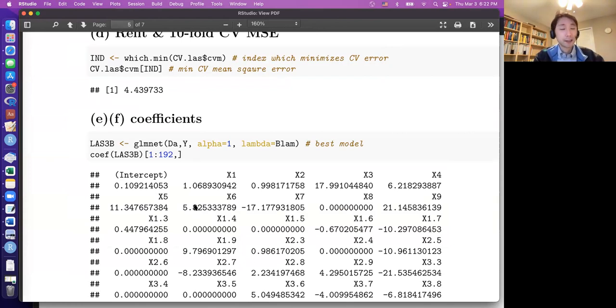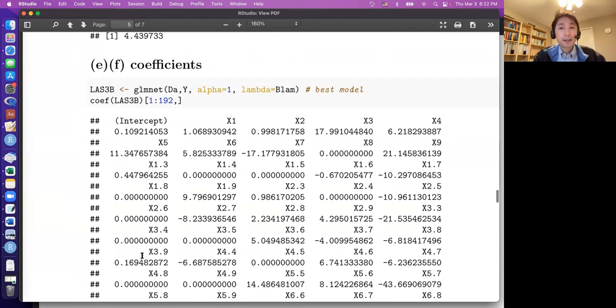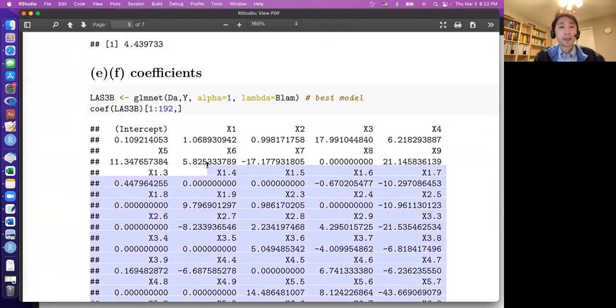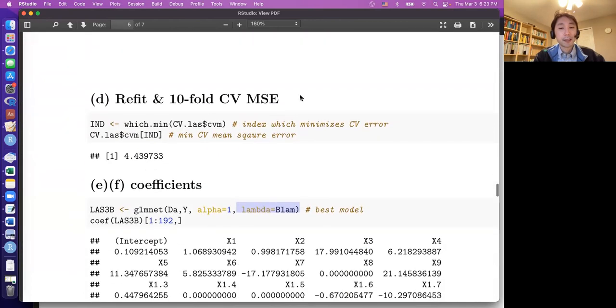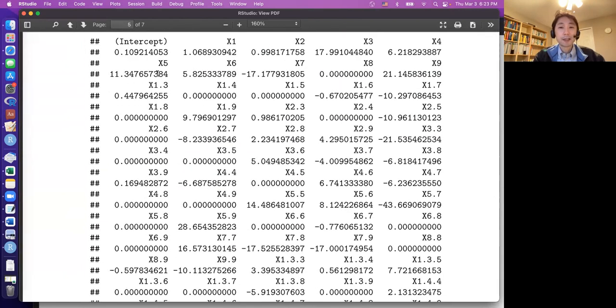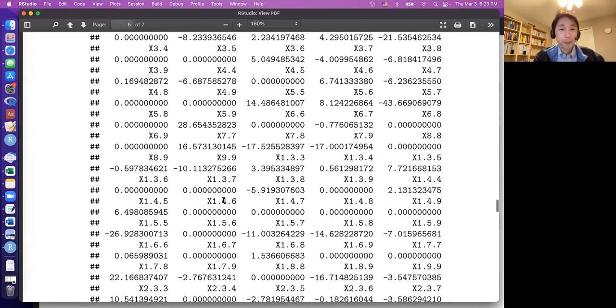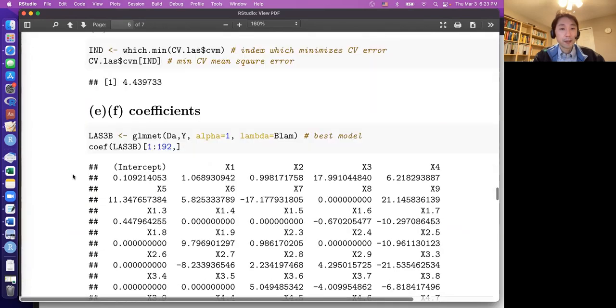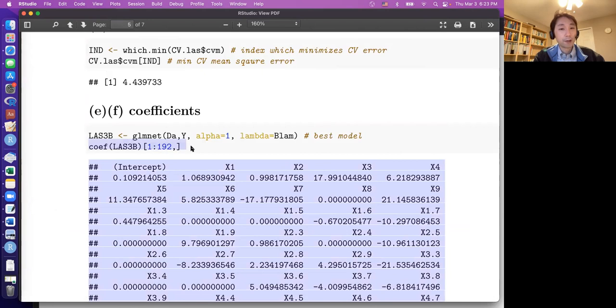No others. Now we count the number of zeros among the estimated parameters. We specify lambda equal to b lam, which is 0.00056 in this case, and then we get these estimates. Roughly half of them are zeros and the other half are non-zeros. You can type coefficient of this object to get this.